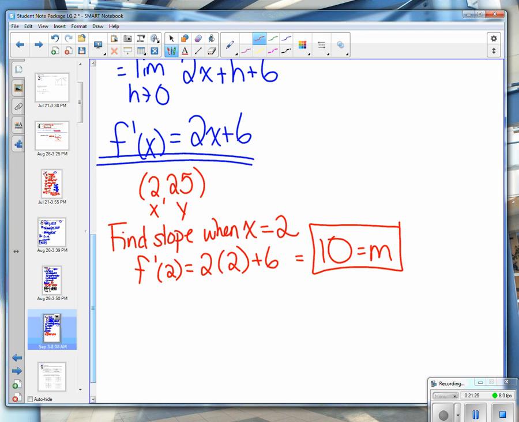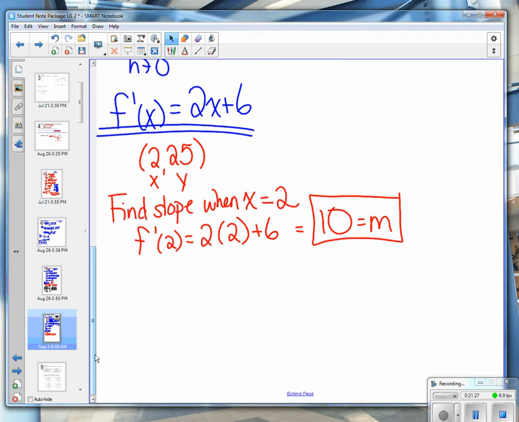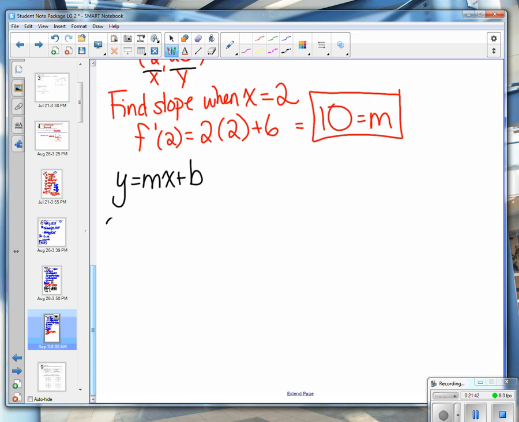The last step here, remember, was to find the equation. And our equation of a tangent line is always going to be in this form. And luckily, just like the last question, we've got lots of the information. We've got 25 and 2. So I'm going to put 25 here. I know my slope is 10. I know my x is 2. B is the only thing that we need to solve for.